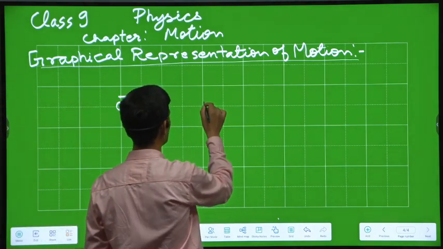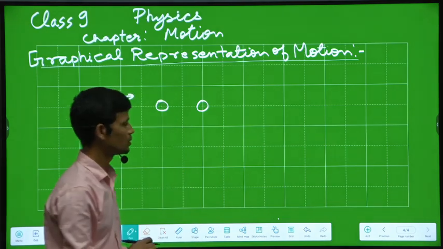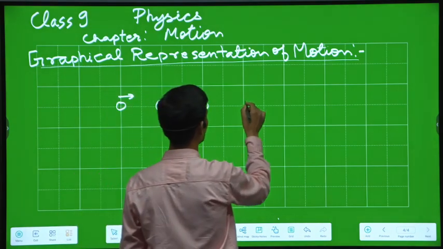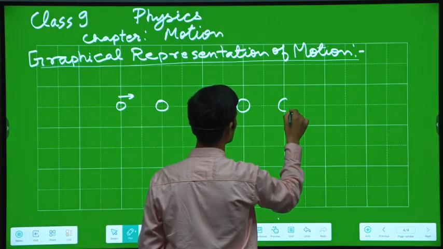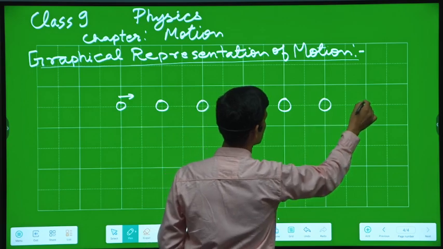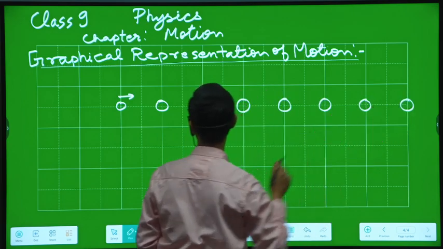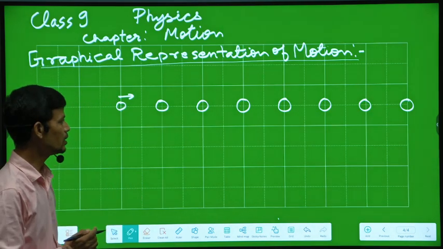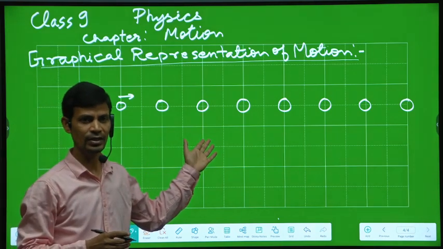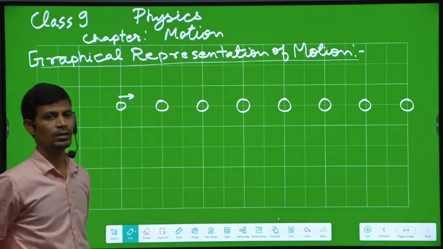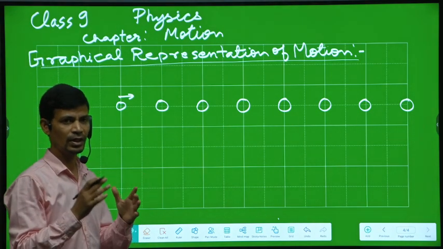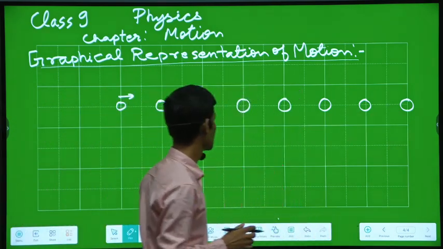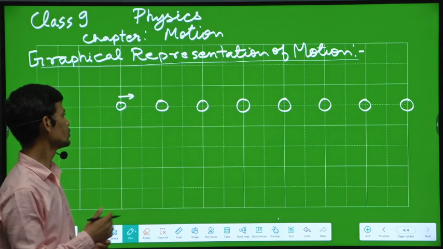After 1 more second it reached here, again its picture is clicked, after 1 second, after 1 second, and so on. After each second, its picture has been taken. This is not the graphical representation, by the way. I just want to build a concept over it. So, here it is. Now, I will give you another scenario.